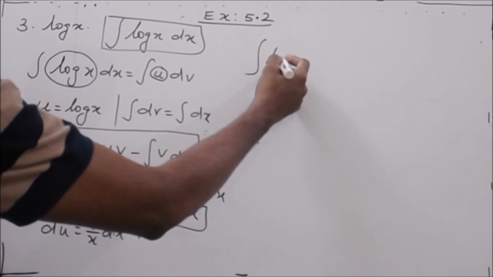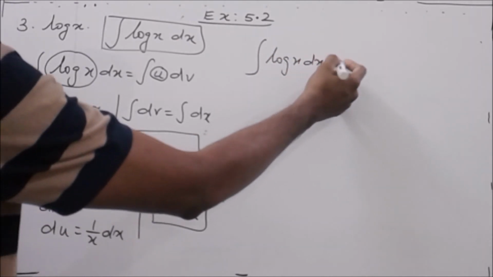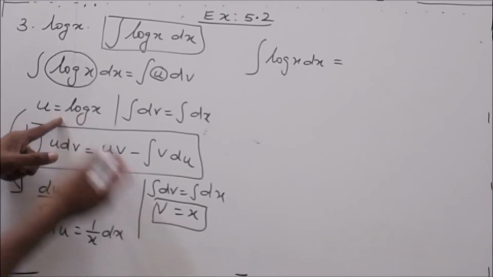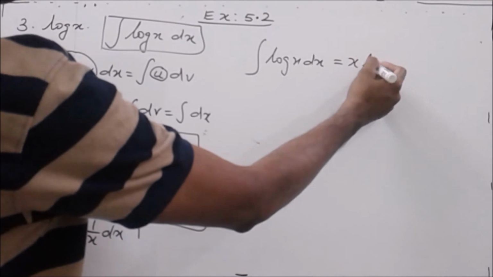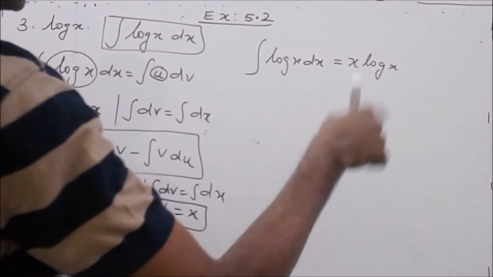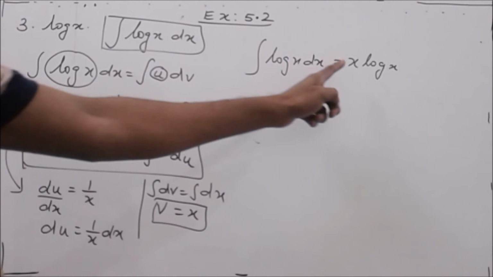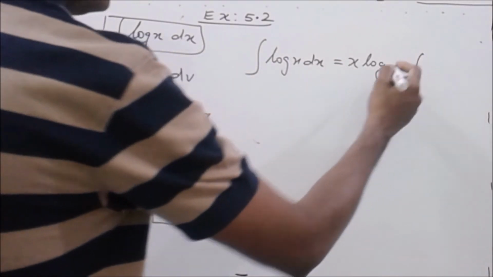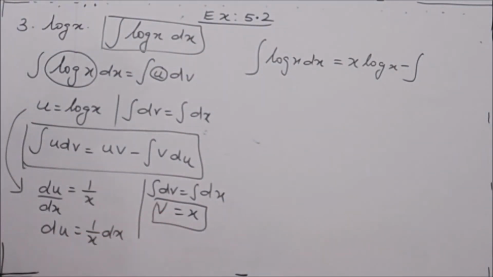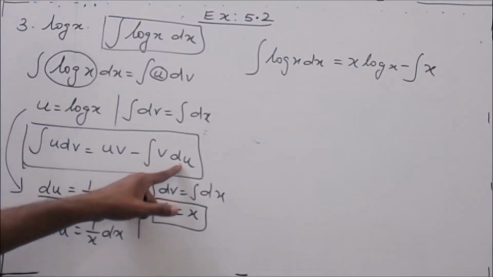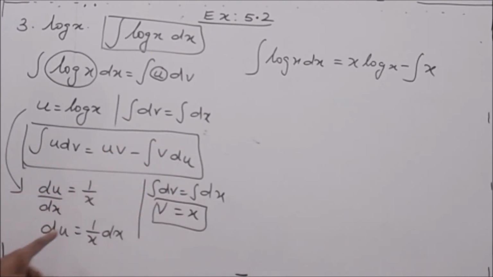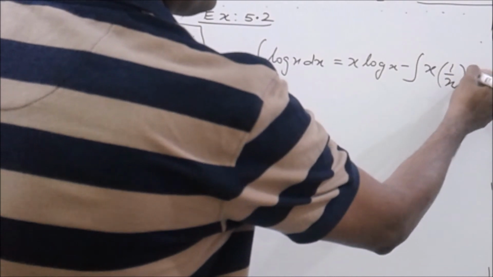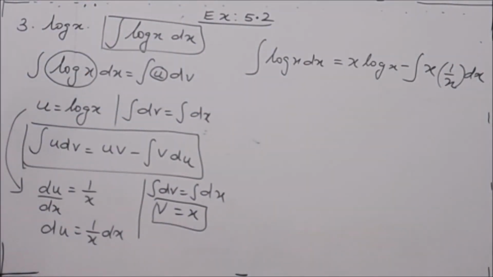Integral log x dx is equal to, by the formula, uv: u is log x, v is x, so the product is x log x, minus integral v du. V is x, and du is 1 by x dx.